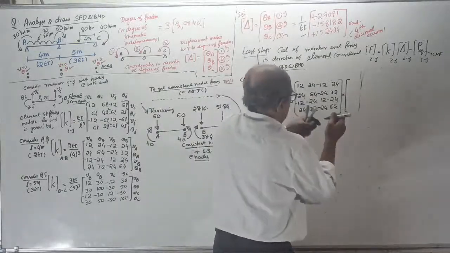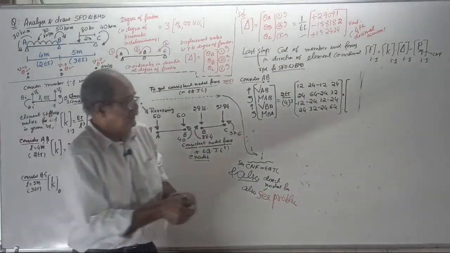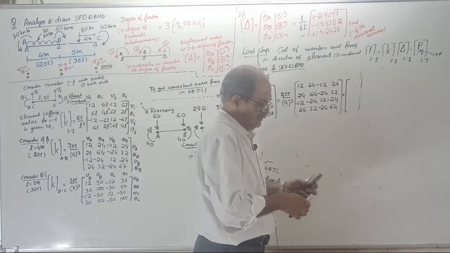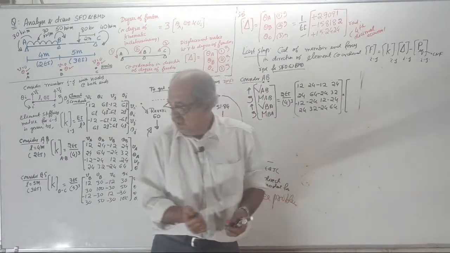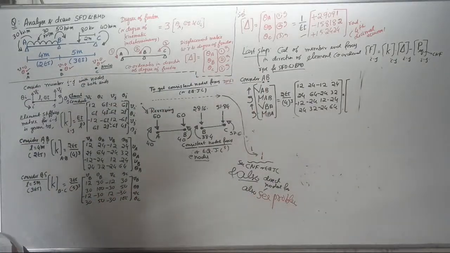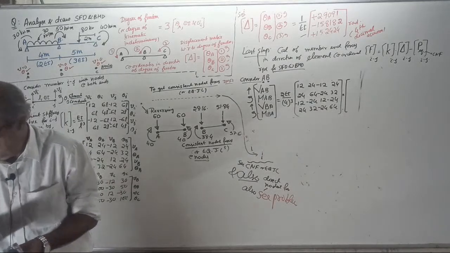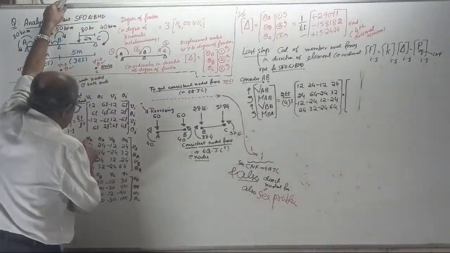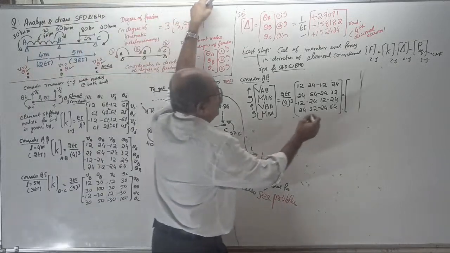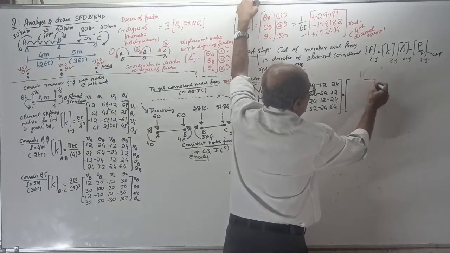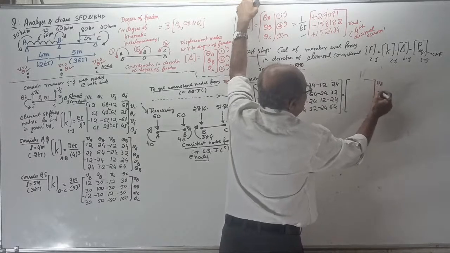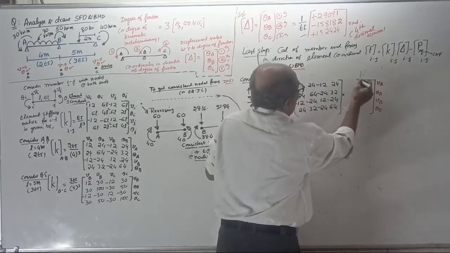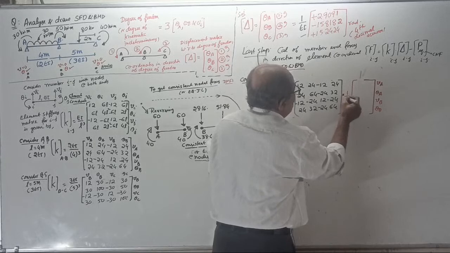Into, see, these 4 values: VA, theta A, VB, theta B. Actually, all of them have 1 by EI outside.